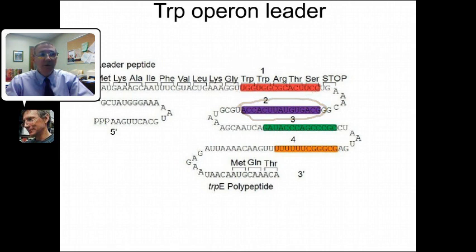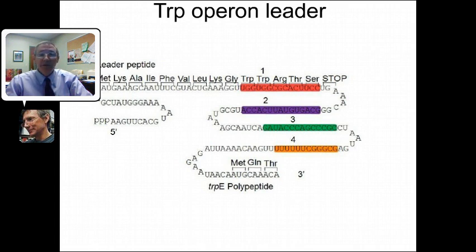So 1 and 2 could pair. 2 and 3 are also complementary in reverse in sequence, and 3 and 4 in the colored regions there are complementary to each other. So actually the DNA in the leader region has 4 bits that are all palindromic to each other and could fold up in a variety of ways.